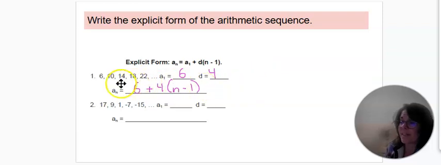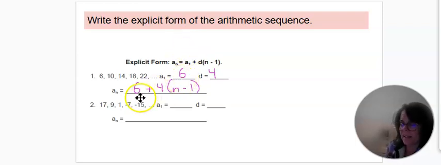This time we're going to look at the same sequence. We have the same information. The first term, a sub 1, is 6. D, the common difference, is 4. But now we're going to plug into the explicit formula. And you'll see, we'll do examples in class about why we would use one formula over the other one. So you just plug in the formula, a sub 1 comes first.